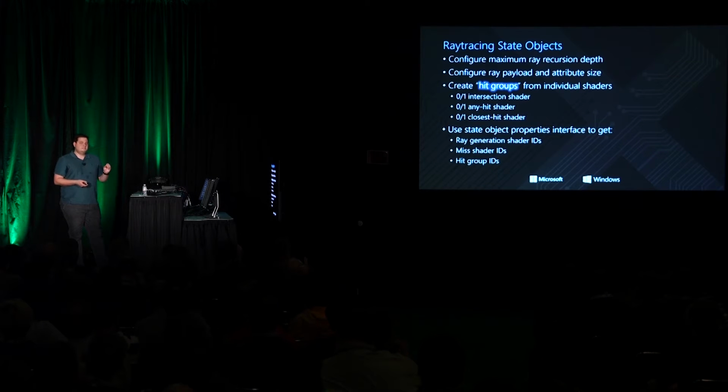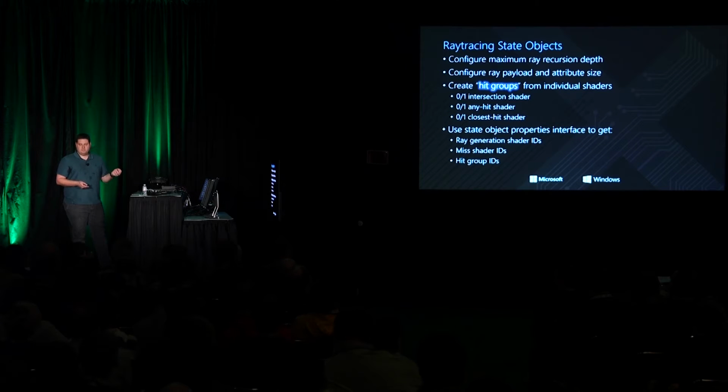Now, rather than specifying an individual shader ID for your hit shader, your miss shader, your any hit shader, instead we've decided to group these into collections of these shaders called hit groups. You can think of a hit group as basically all the information that you need to figure out what to do when you have an intersection.